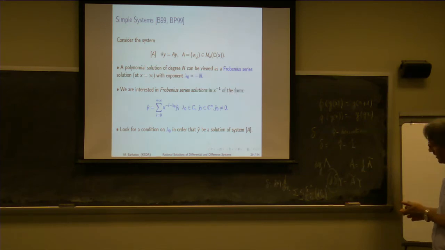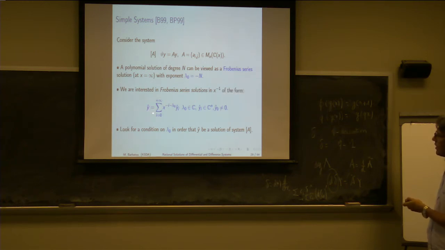So the idea is, a polynomial solution of degree n can be used as a Frobenius series. Frobenius series is a series like this, at x equal to infinity with the exponent lambda 0 equal to negative n. So let's look at how to find this local Frobenius series at infinity.